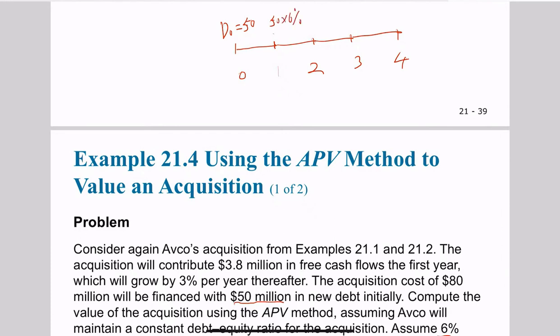Remember 6% is the interest rate. And then the interest tax shield equals interest payment times corporate tax rate. So times 40%. This gives us the first year's interest tax shield. Right, so this is a simple calculation. 50 times 6% is 3, and 3 times 40%, yeah, it's 1.2.